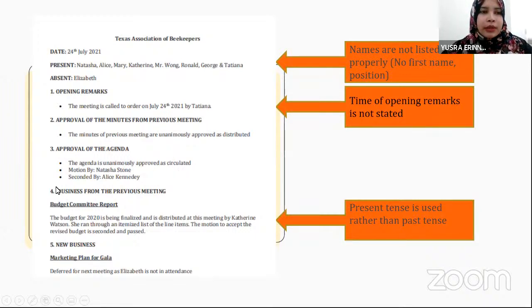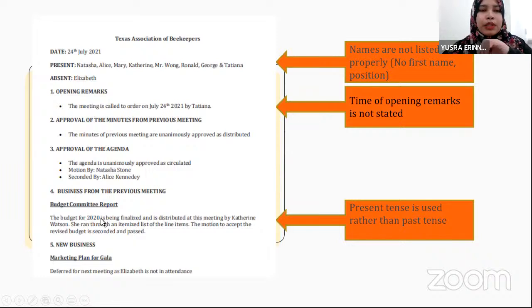All right. We see over here point number 4. The budget for 2020 is being finalized and is distributed at this meeting by Catherine Watson. So it's supposed to be "was finalized". The word "being" for me is unnecessary, so you can just go straight to the point.